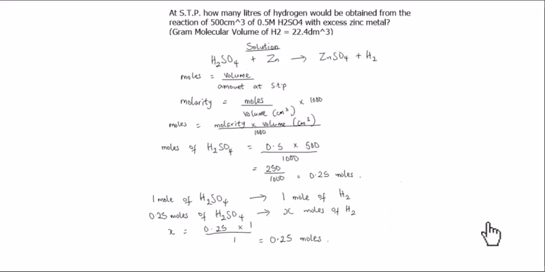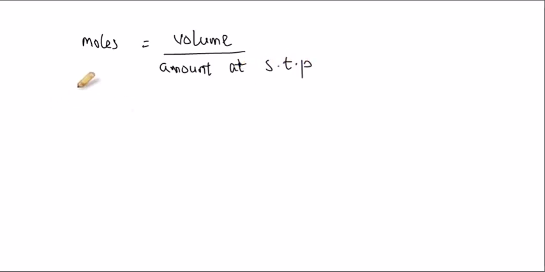So the next thing to do now, based on the formula we wrote above, let's write the formula again. Moles equals volume over amount at S.T.P. We've gotten the moles from our calculation to be 0.25 and the amount is given in the question, which is 22.4.